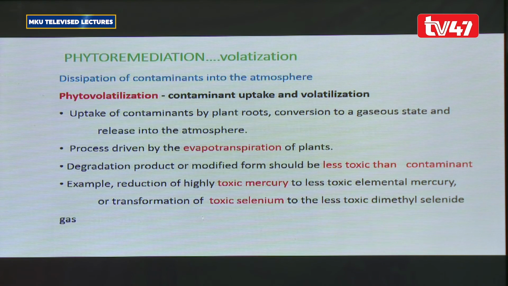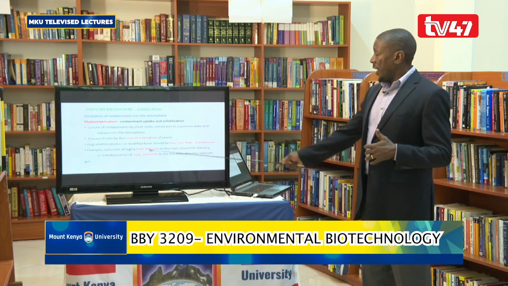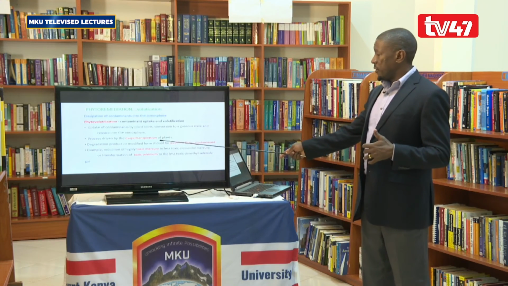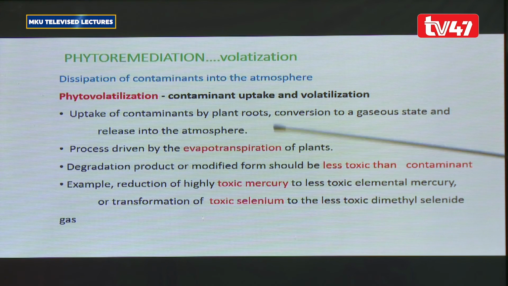Then the other one I talked about earlier, phytovolatilization, where the contaminant is taken up and volatilized. As the contaminant is taken up by the plant, it is converted to a non-harmful form, and then through the evapotranspiration system of the plant, the contaminant, which has now become less toxic, is released through the leaves of the plant as a gas.